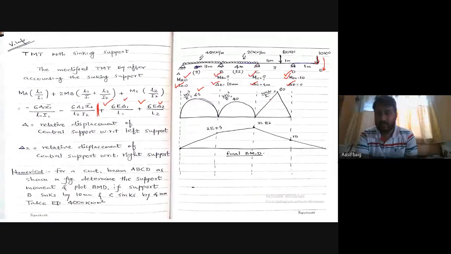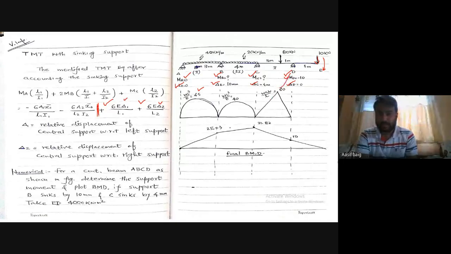Span CD carries an eccentric point load, so the bending moment will be W A B by L, where W is 80, A is 3 meter, B is 1 meter, and L is 4 meter. So the value we are getting is 60 kilonewton meter.